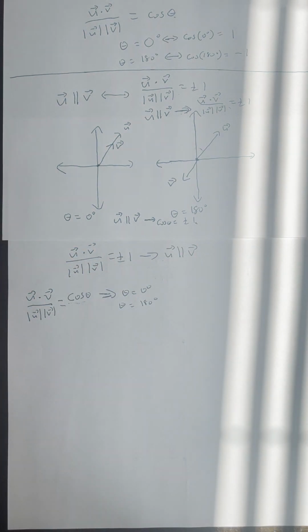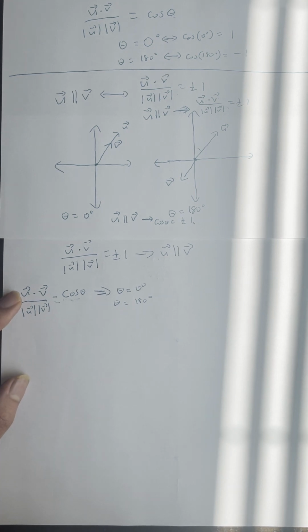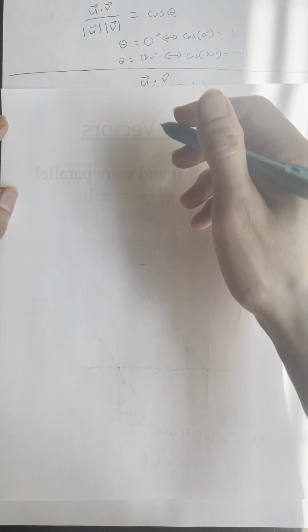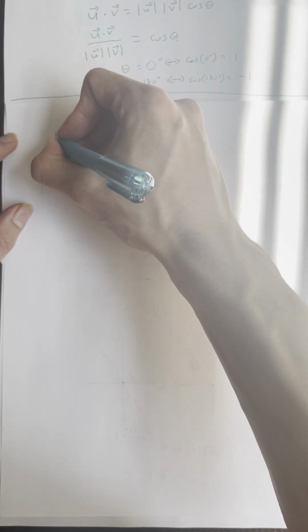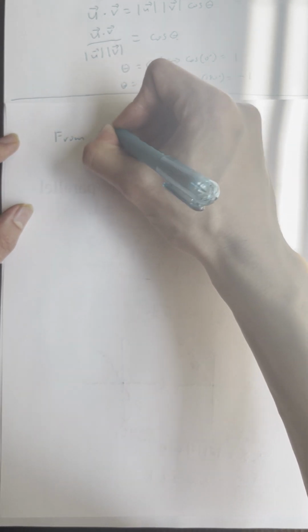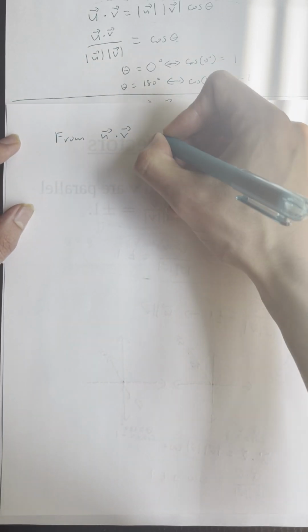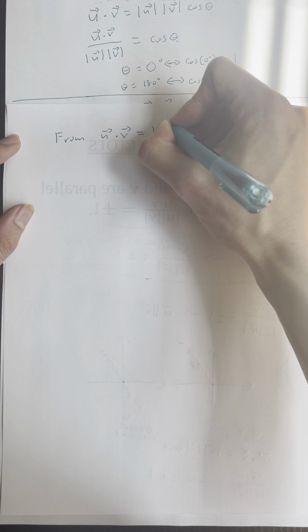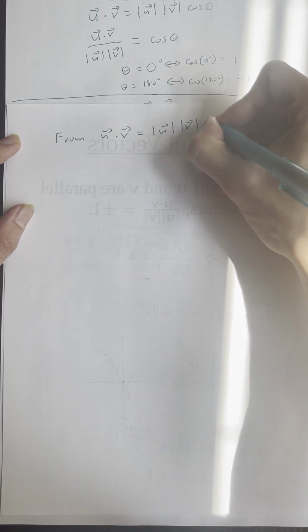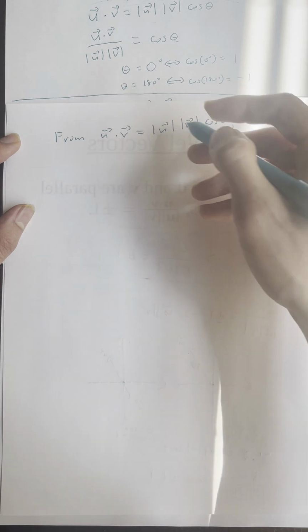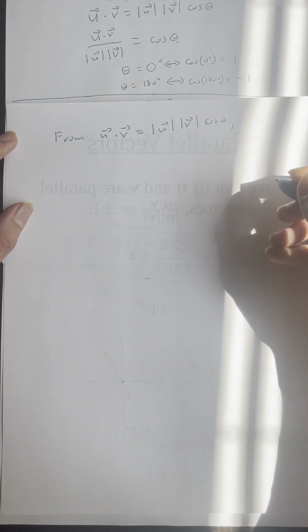But okay, let's formalize this, because that was kind of just us exploring what happens. Let's just write it like this. So from this identity, what did we figure out?